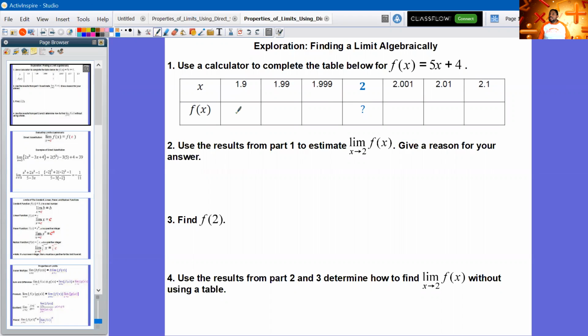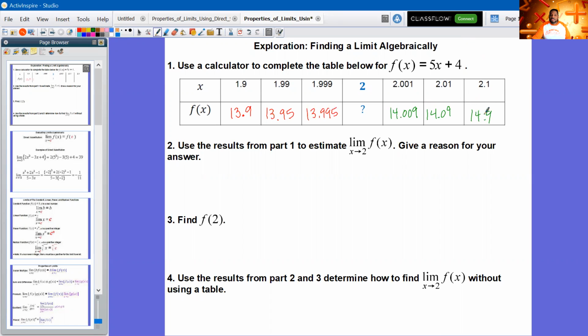So based on the results of the table, we had 13.9, 13.95, and then 13.995. And then over here, on the right side of 2, we had 14.001, I think 14.01, and I think 14.09 there.